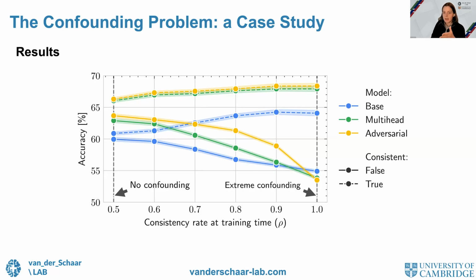However, ultimately, there's only as much as can be done on the model side. So with a perfect confounding rate, which is the rate of 1.0, no architecture can disentangle the effect of prompt types and objectives on the potential rewards, and all models end up performing equally badly.